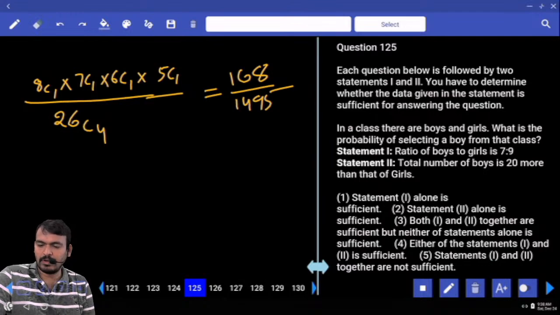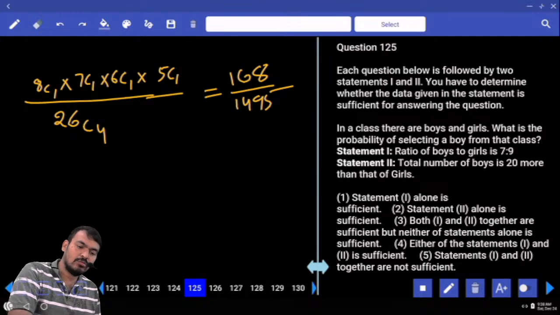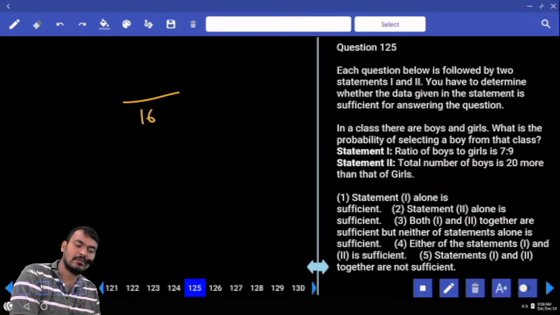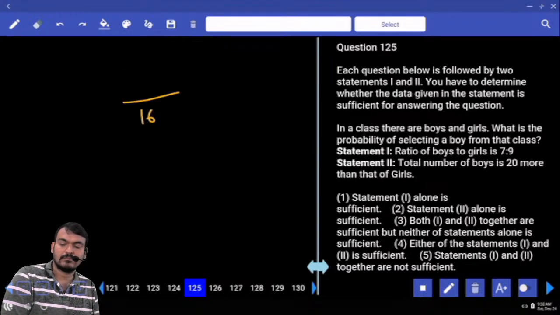In a class there are boys and girls. What is the probability of selecting a boy from that class? We required probability of selecting a boy. In first statement, boys and girls ratio 7:9. Boys are how many parts? 7 parts. Girls 9 parts. Out of 16 parts, we are choose one person or not?